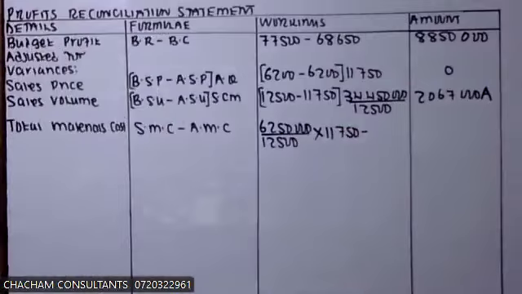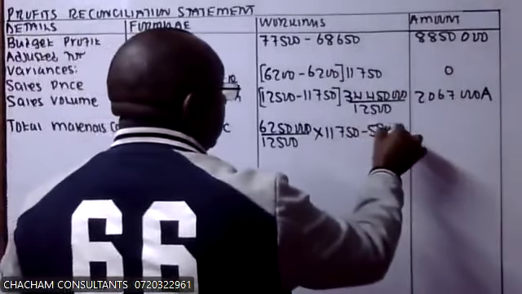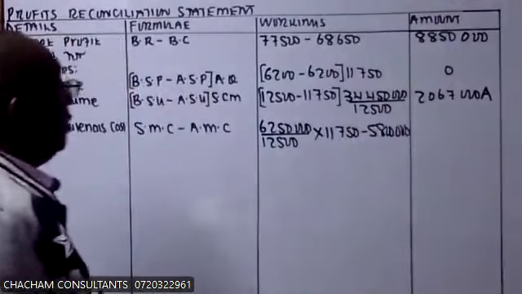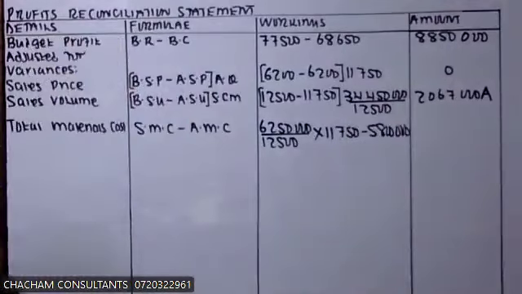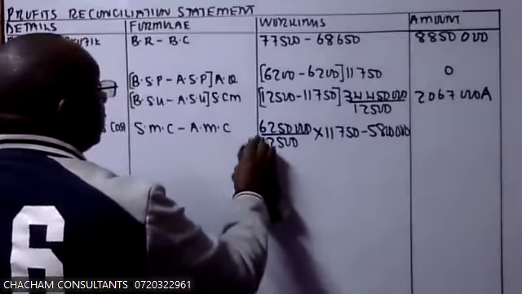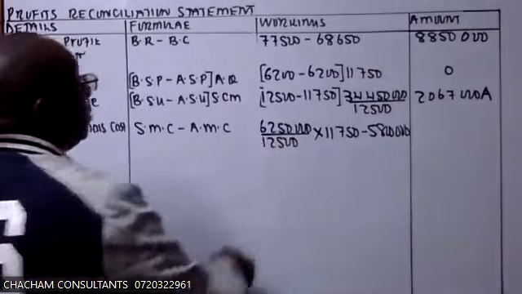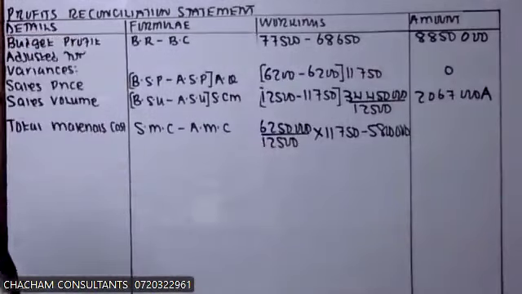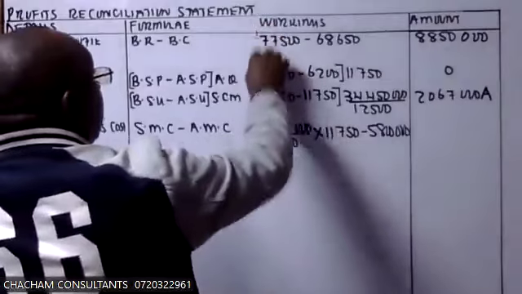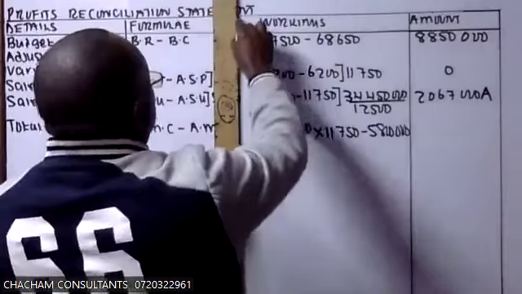You minus down there, material is 5,800,000.